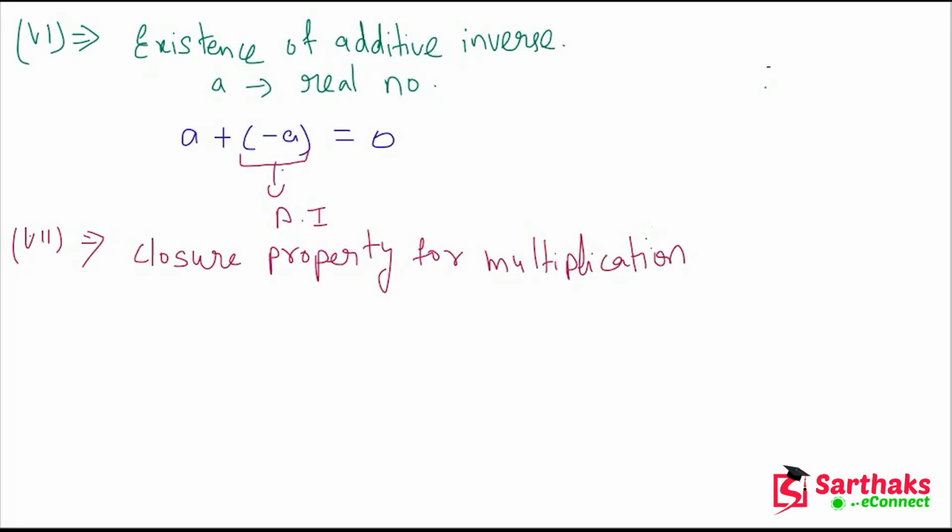In this case, if we multiply two real numbers, then we always get a real number, where a, b, c are real numbers. Now the next property is the commutative law of multiplication. Earlier we saw the commutative law for addition; now we see the commutative law of multiplication.